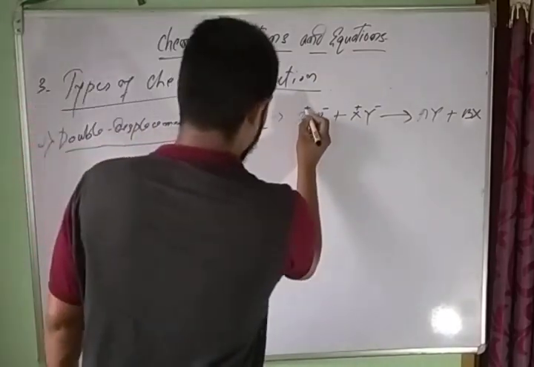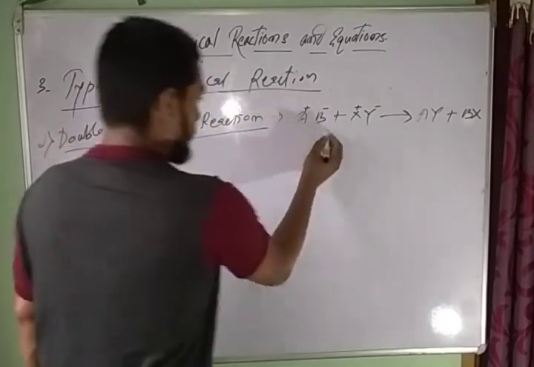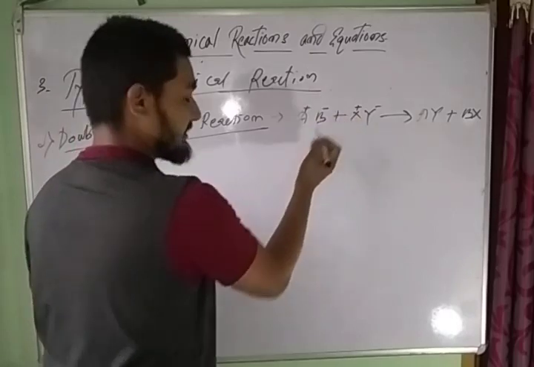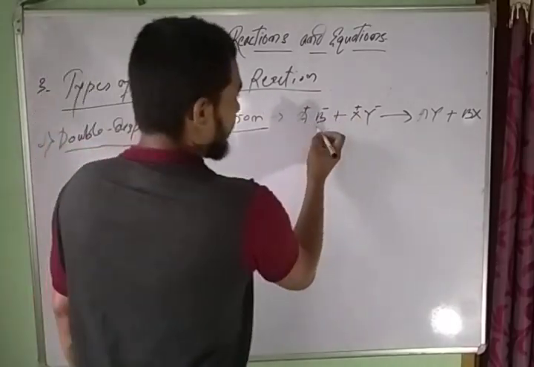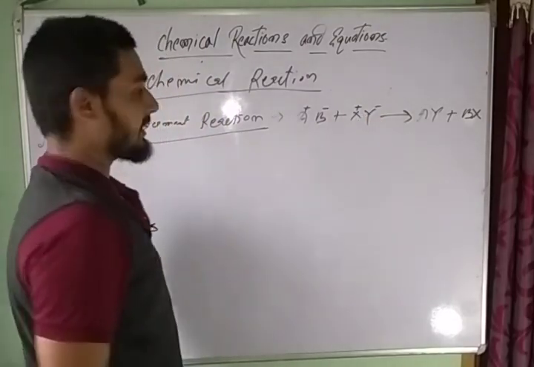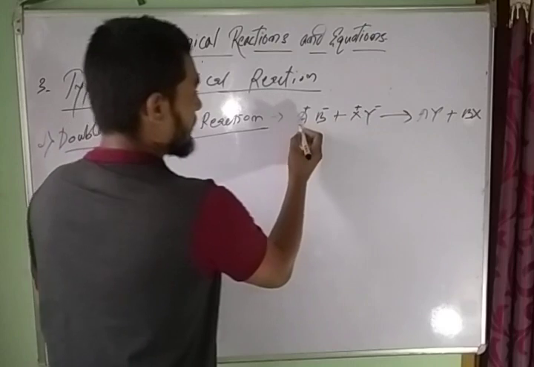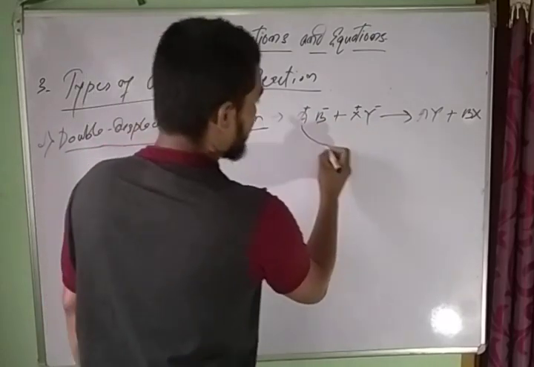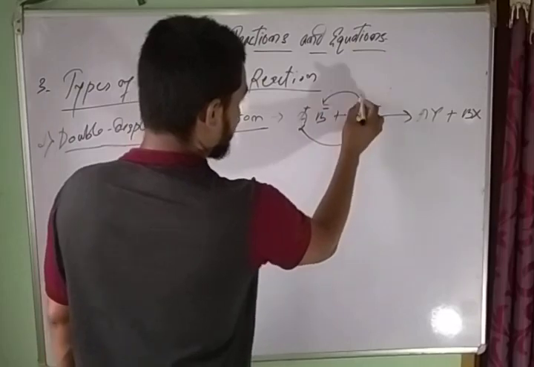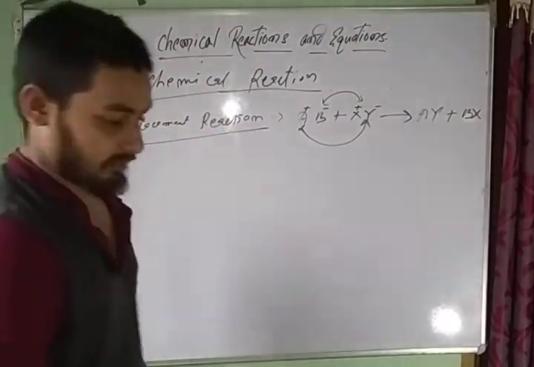Here A is a positive ion, and in this compound it combines with B as a negative ion, and here X is a positive ion and Y is a negative ion. Simply the exchange of ion takes place. Here positive A combines with Y and positive X combines with B. This type of chemical reactions are called double displacement reaction.